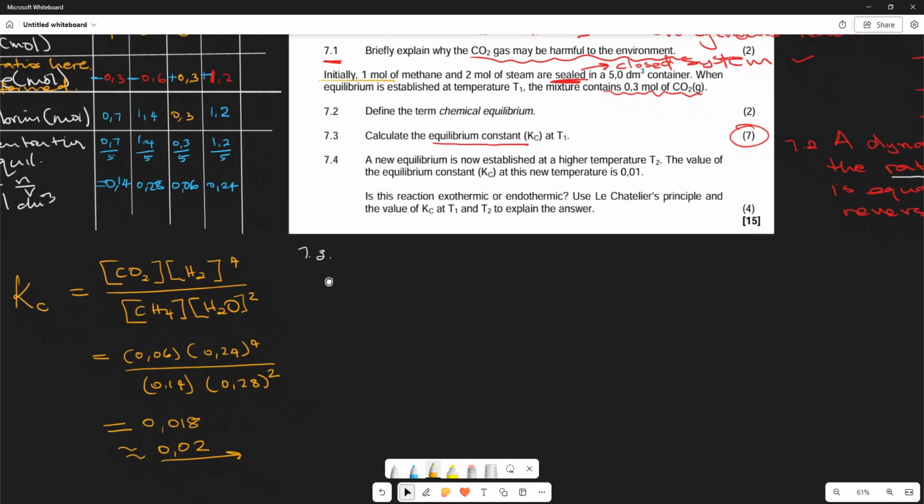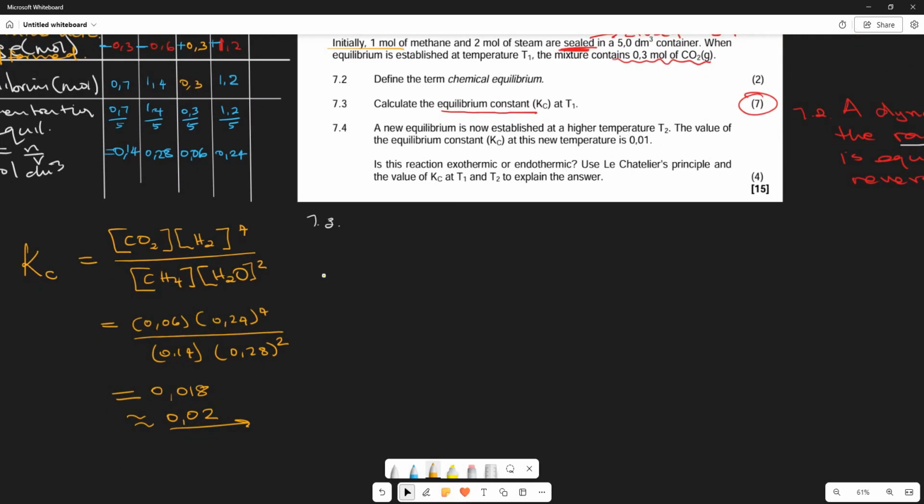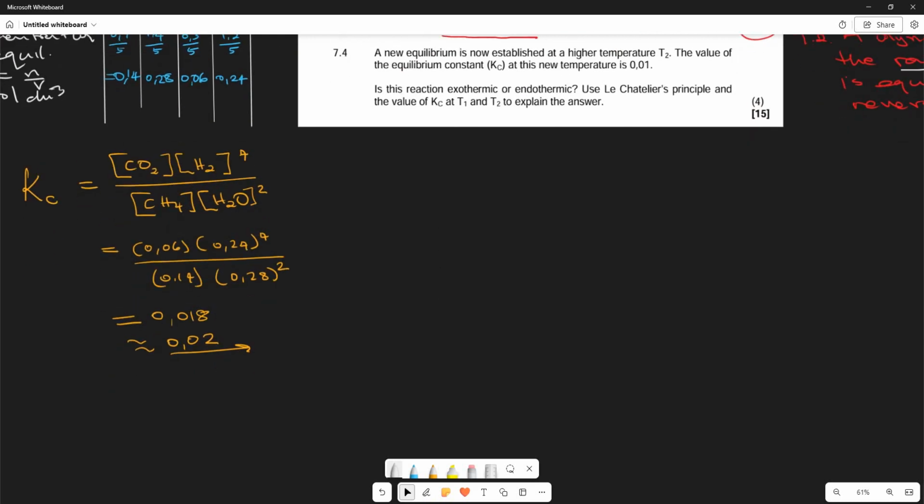Alright, so we have our Kc value now. Since we have our Kc value, let's proceed with the question, where we need to explain the significance of this value. Note that if the Kc value is less than 1, the implication is that more reactants are present than products.